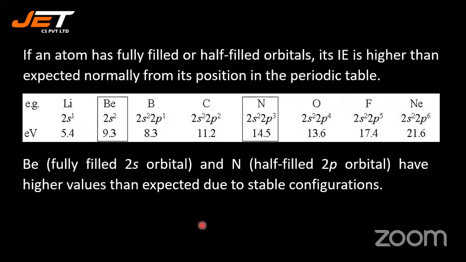Who will explain this concept to me? If an atom has fully filled or half-filled orbitals, its IE is higher than expected normally from its position in the periodic table.